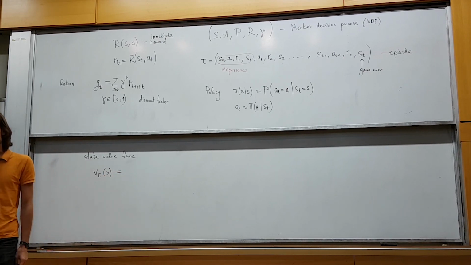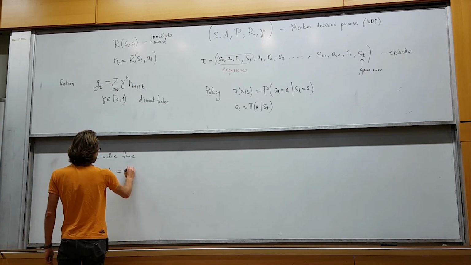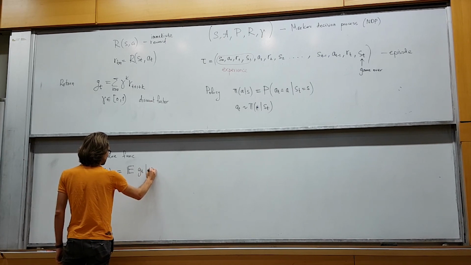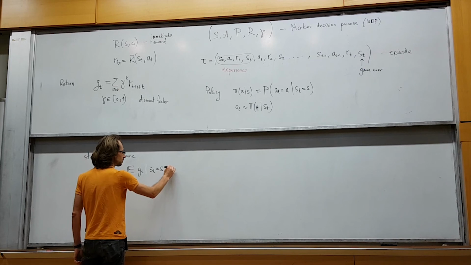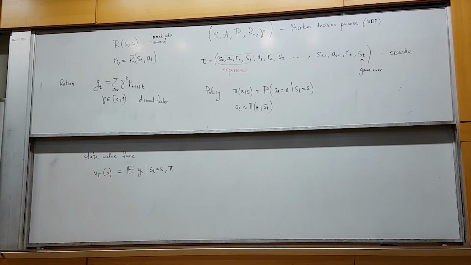Again, this will be the expected value of G_t conditioned on S_t equals S. This is my starting state. And of course, conditioned on my policy pi. And I will show you in a second the exact spelling out of these expectations. They are just computed as a normal Markov chain.